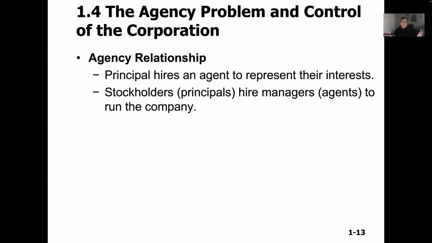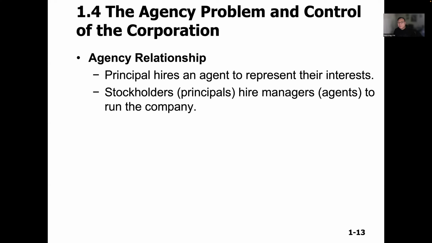So you can see these agency relationships. Ideally, the agent will work for you and represent your best interest. But is that really true in real life? Think about a real estate agent. If you are buying a house, the real estate agent will not charge you.